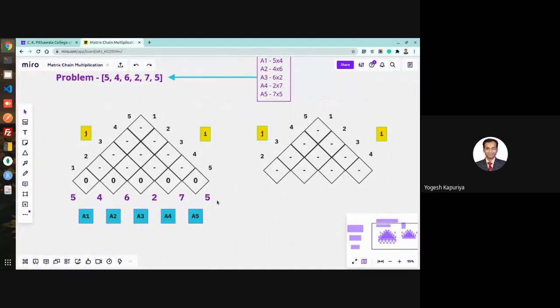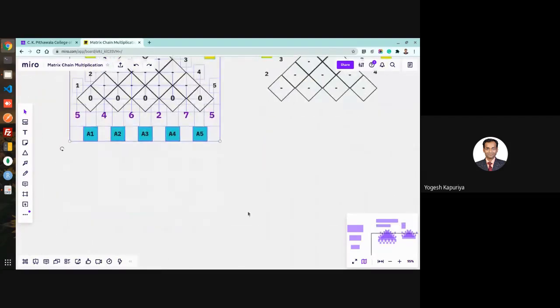And from the understanding point of view, when you have a single matrix, you don't require any multiplication. So that's why the number of multiplications is 0. This indicates the number of multiplications required to be performed. Finally, we are interested in this value. This value should be minimum. That's what we are interested in. So let us start with the base condition.